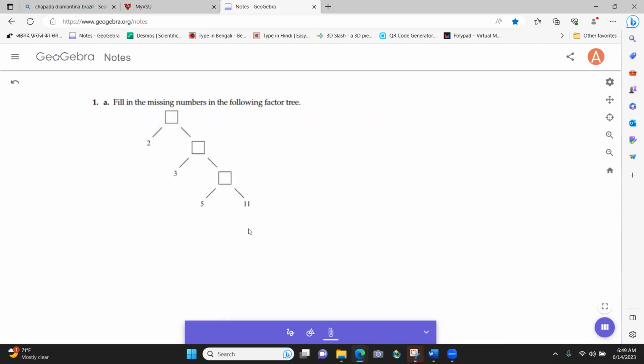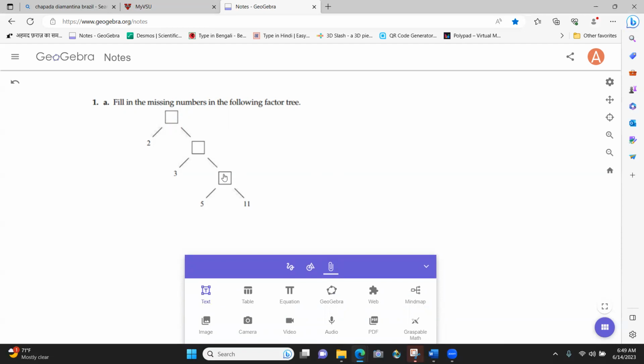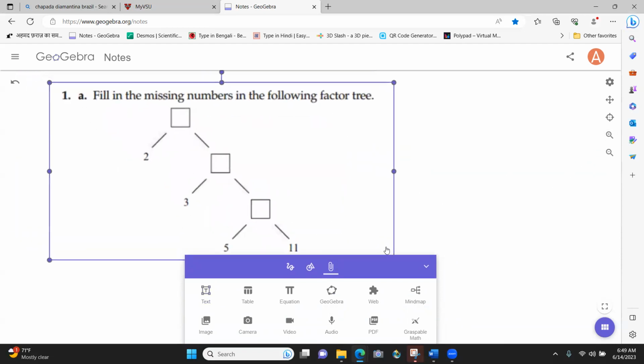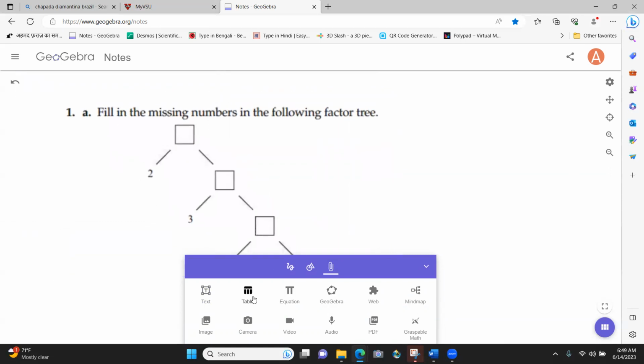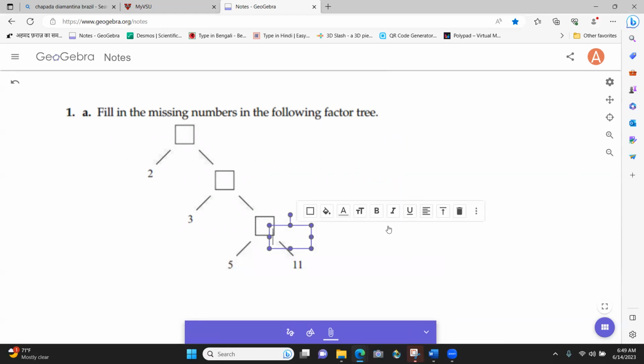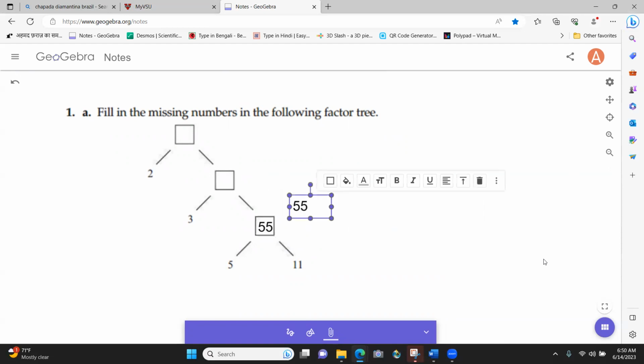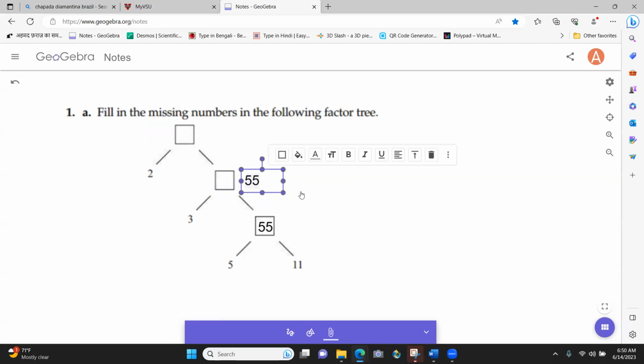Remember, this is like the factor tree problem. And this has to be 55. This has to be 55. And 55 times 3 is, of course, I can use a calculator, and I probably should. 150, 165.